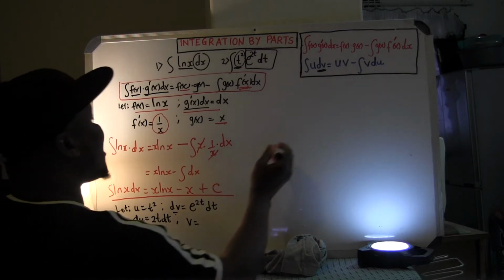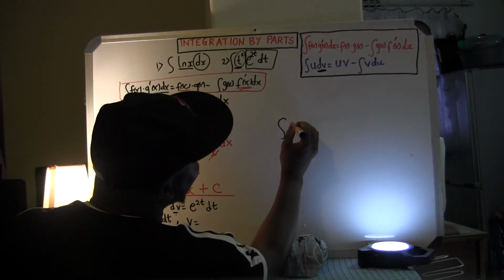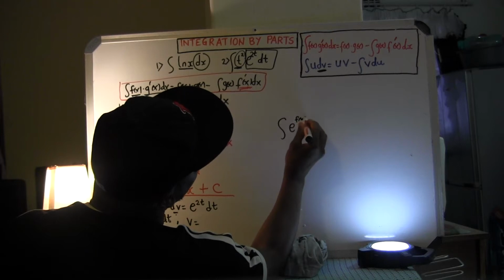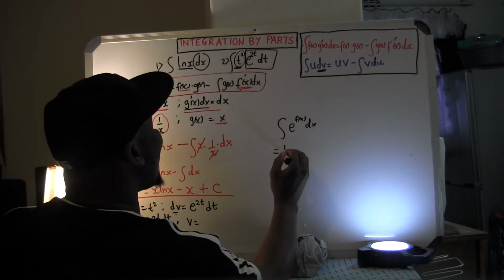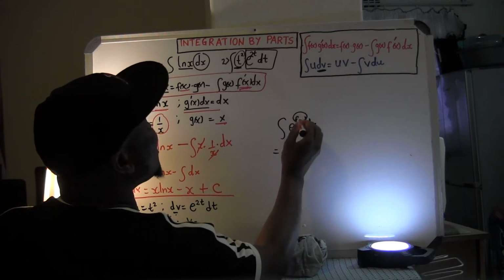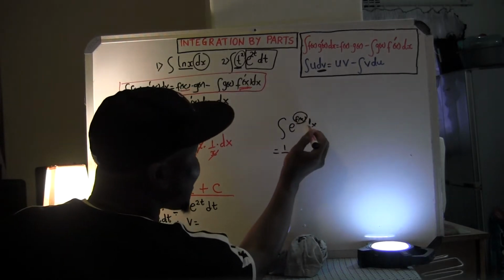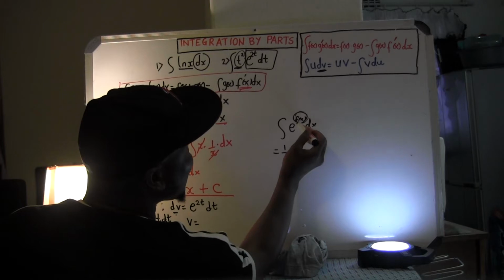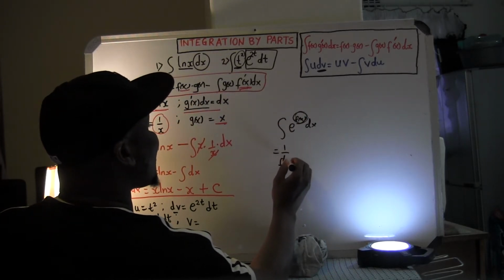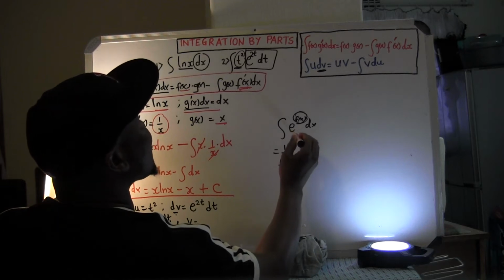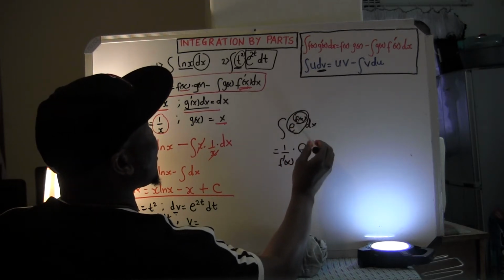And then when you integrate, quickly, whenever you integrate e to a function, you say 1 over the derivative of the power of e. When you differentiate the power, you're going to get f prime of x, and then you write exactly what you have here.